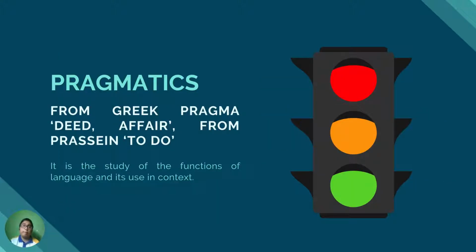And so this is where pragmatics takes its lead. From the Greek word pragma, which means deed or affair, and from prasein, which is to do, it is the study of the functions of language and its use in context. There is a very famous line that says you need to read between the lines.